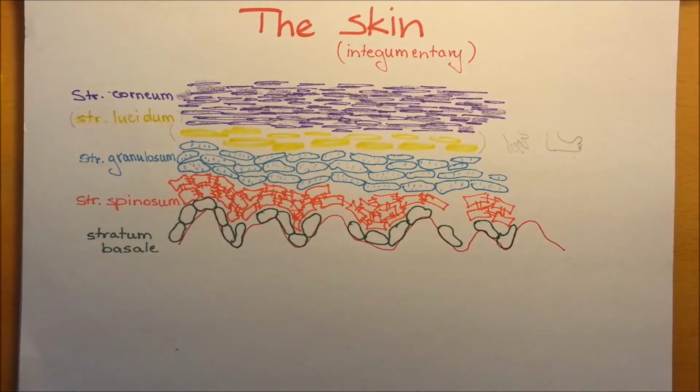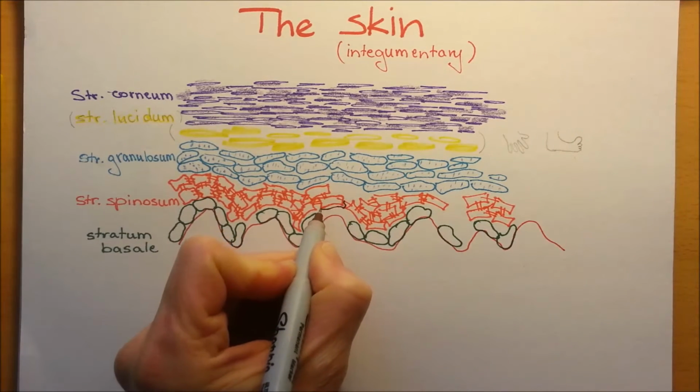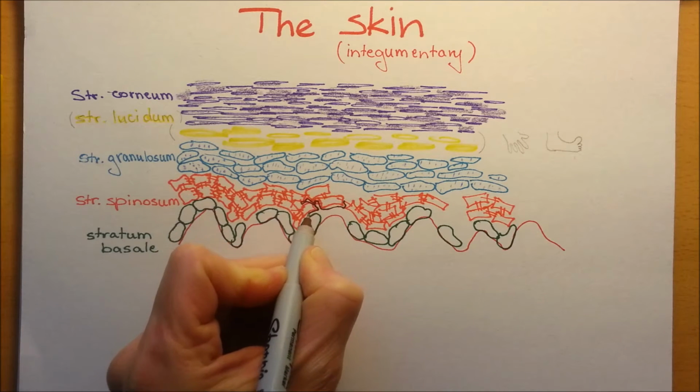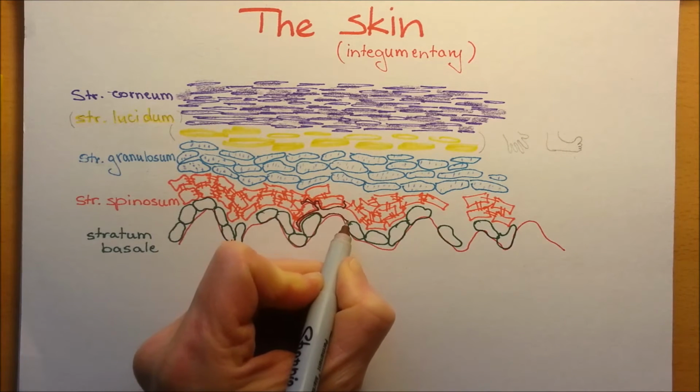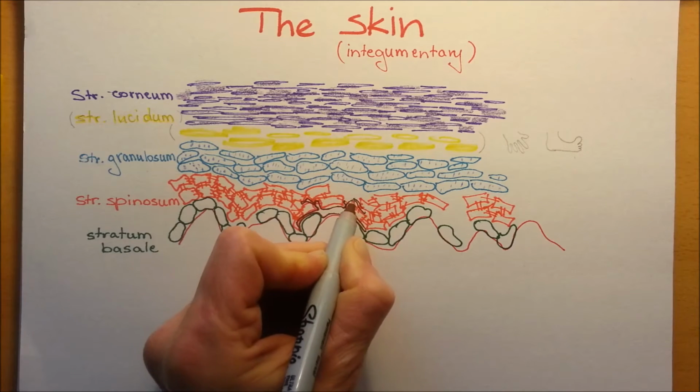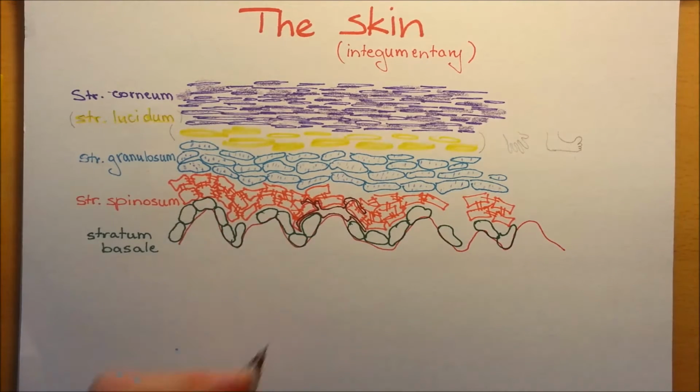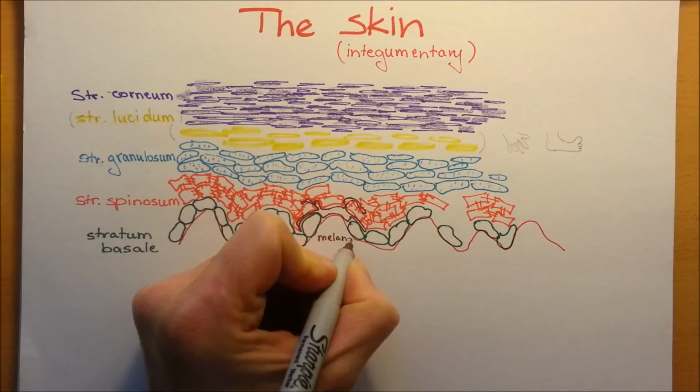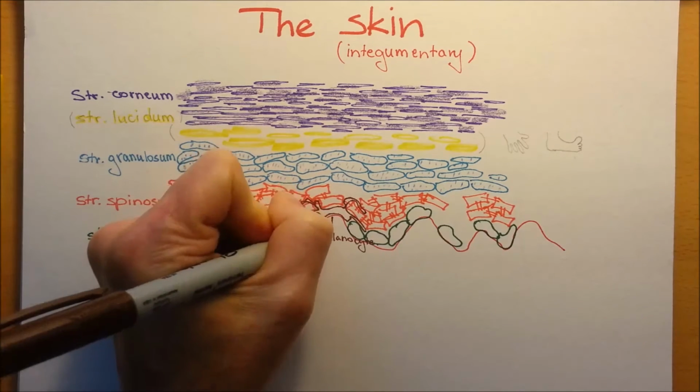The skin contains tons of keratinocytes. These are the keratin cells, and the majority of the skin cells are keratinocytes. They contain keratin, a protein that gives the protective function of the skin. But at the stratum basale, we can also see some spidery black cells that can produce brown to black pigment called melanin.